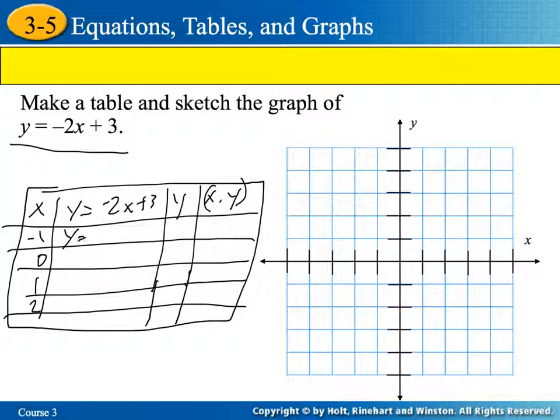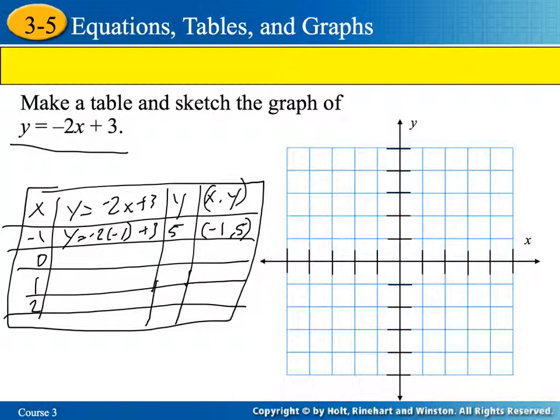Y equals negative 2 times negative 1 plus 3, because that's exactly what my x is. When I take negative 2 times negative 1, I get positive 2 plus 3. My answer is 5. The number I plugged in, my input, is negative 1. My output, or my y, was 5.